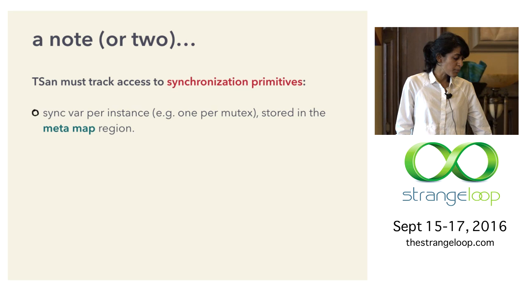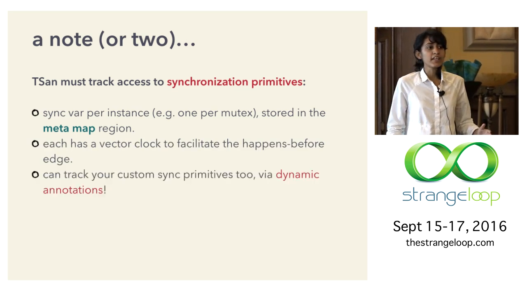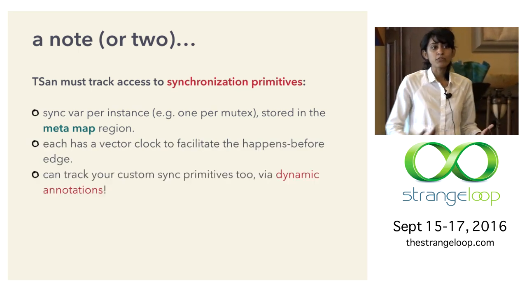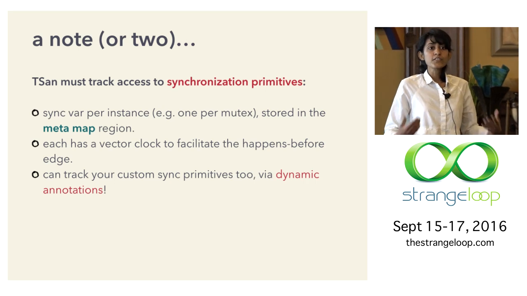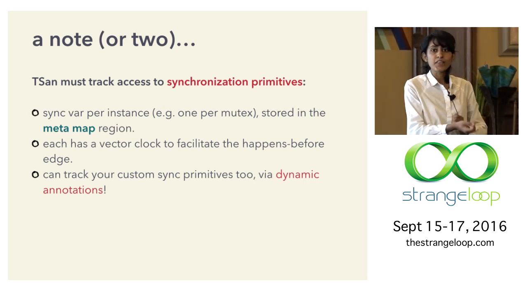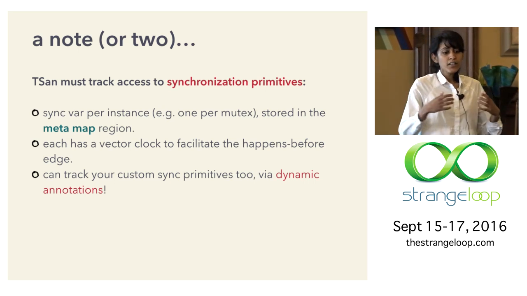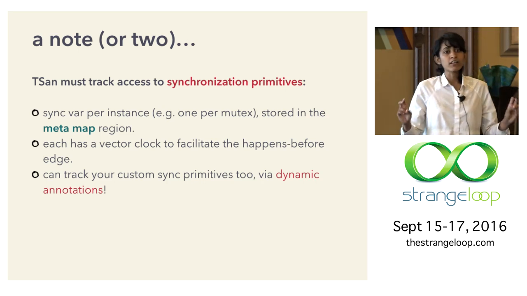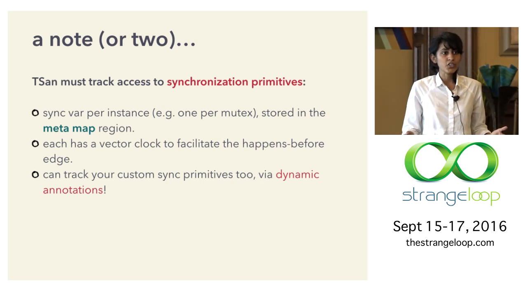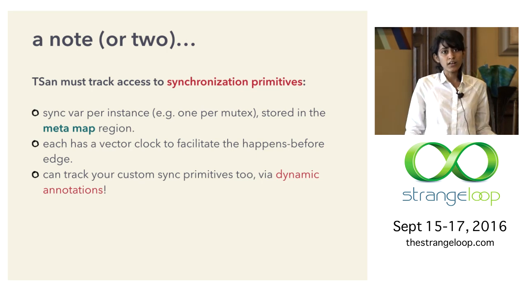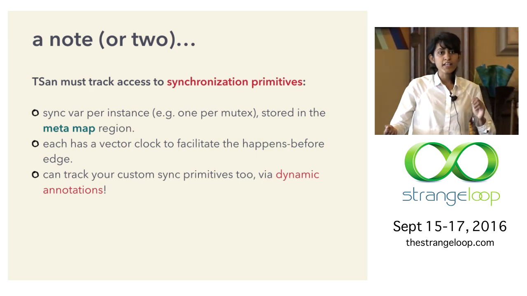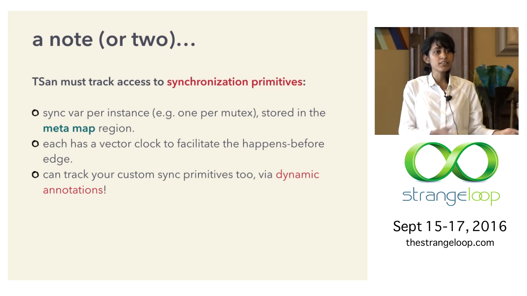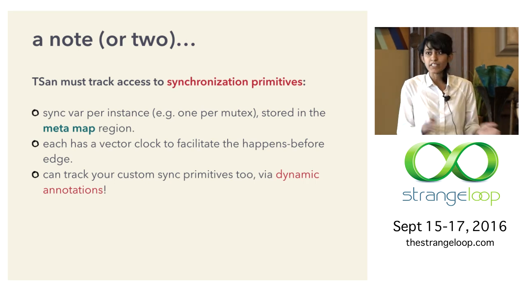Now, these events are important because they establish the happens before edges. And in order to facilitate that exchange of vector clocks, TSAN uses a sync var, which is another data structure. But the interesting thing about this data structure is it stores a vector clock as well. So when a sender and receiver manipulate it, the vector clock is effectively transferred over.